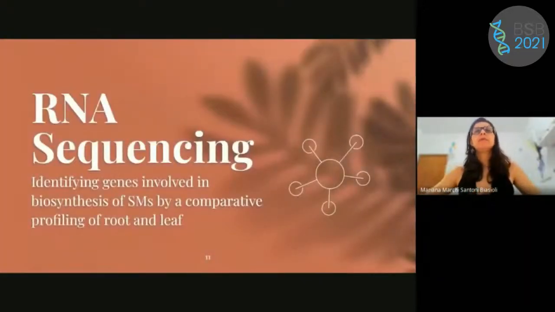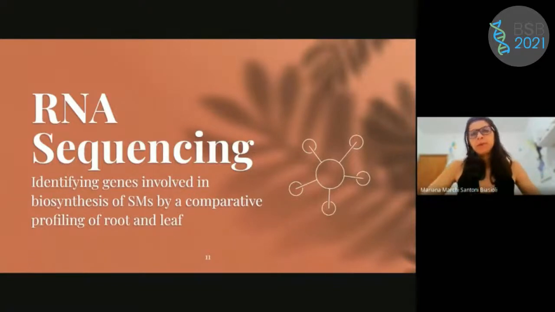So the core of this project is to proceed with an RNA sequencing to analyze the differentially expressed transcripts between leaf and root to provide a better understanding of genes involved in secondary metabolic pathways.